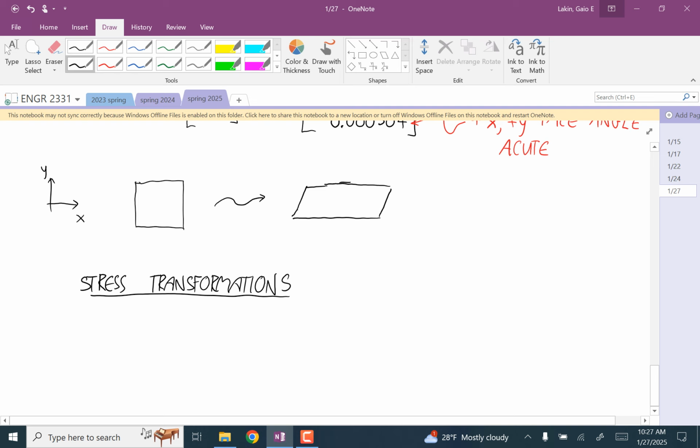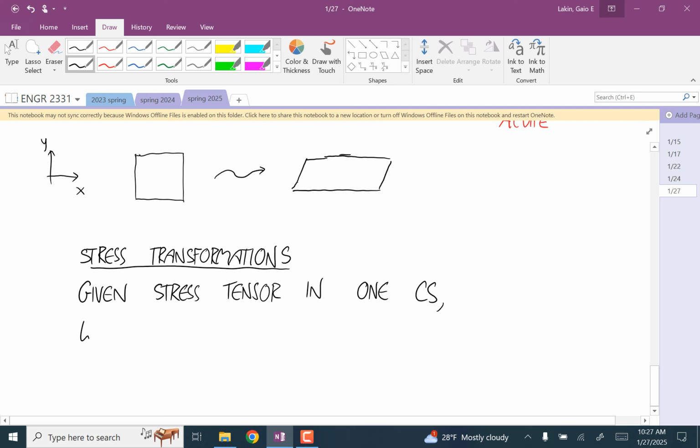What this means is, given a stress tensor in one coordinate system, what's the equivalent state of stress in a new coordinate system?